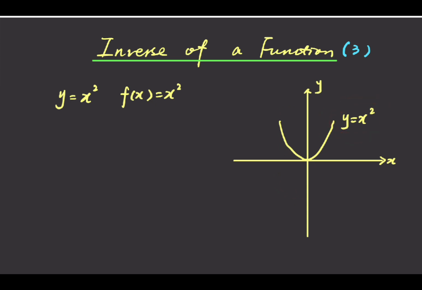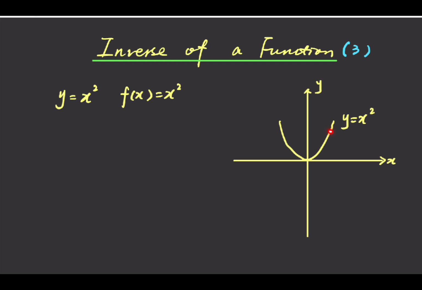From the previous discussion, we have known the function, its inverse, should be symmetrical over this straight line y equals x. Why? Because every point on the original function, the x-coordinate, y-coordinate should be reversed.